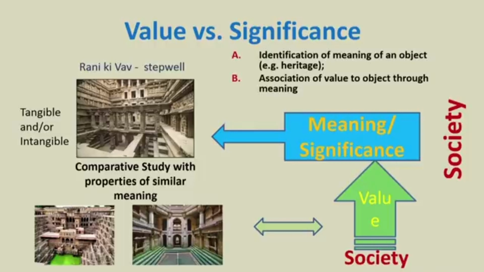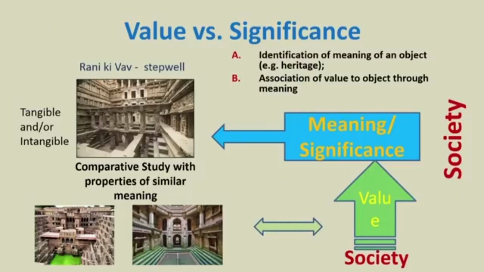And this meaning and significance is not an individual meaning, it comes from the society, from the people and the various stakeholders, because this stepwell has been very important for this particular community in that type of context, and it was also a place for social gathering, where people used to interact and so on.